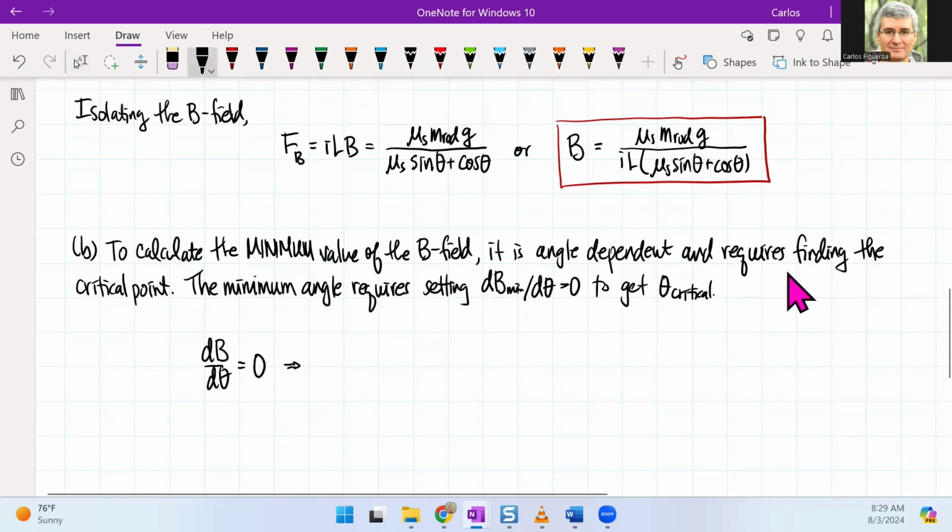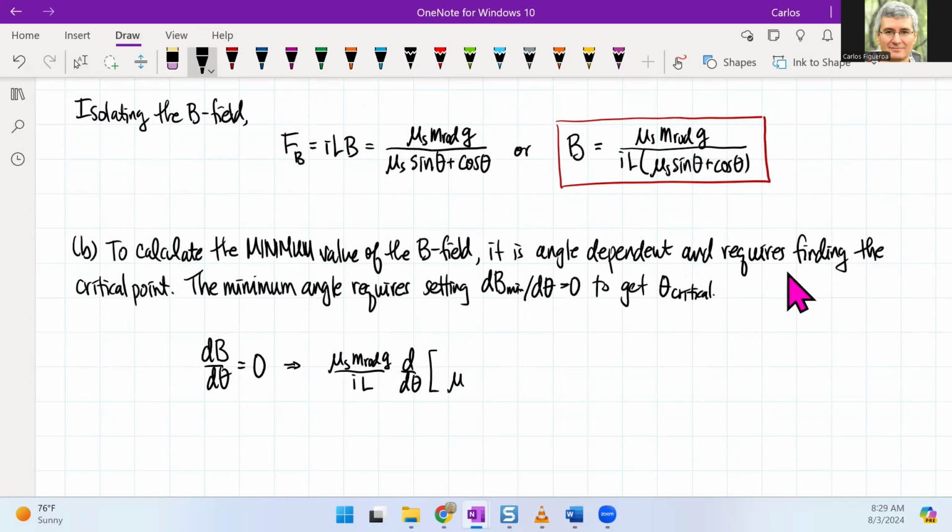So if I do that, I'm going to get mu_s m of the rod g divided by IL. And the only term I have to worry about is this mu_s sine of theta plus cosine of theta, and that guy has to be 0.